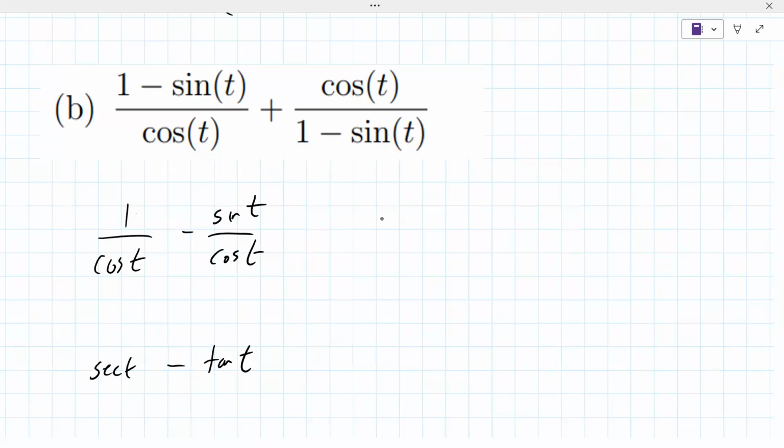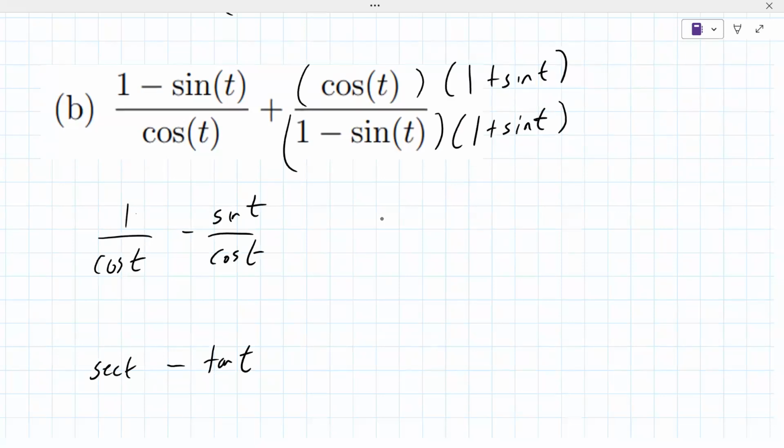On the left here, you can multiply the top and bottom by something different, especially if you know where you're going. If you multiply by 1 plus sine t over 1 plus sine t, and distribute on the top, you get cosine t plus sine t cosine t.